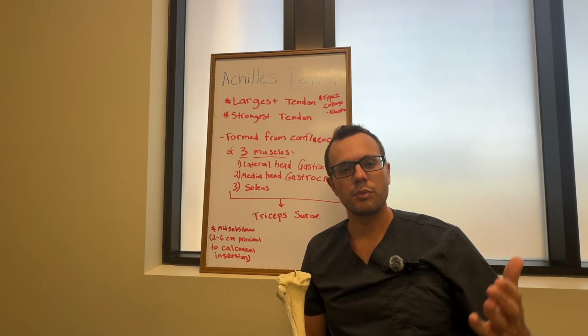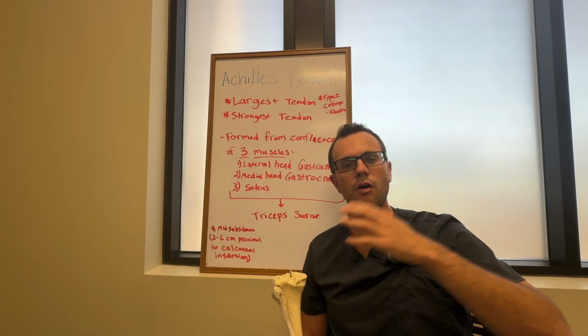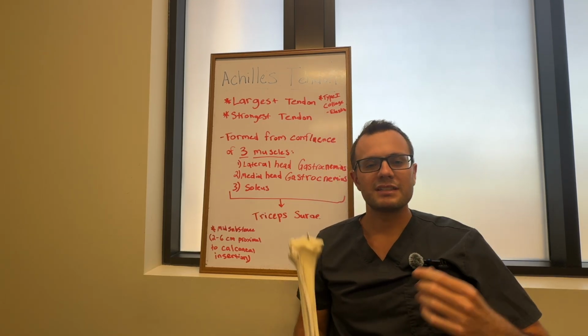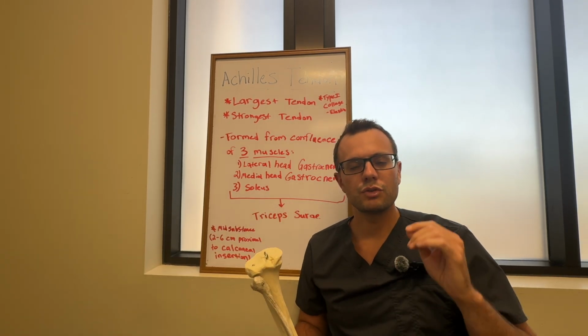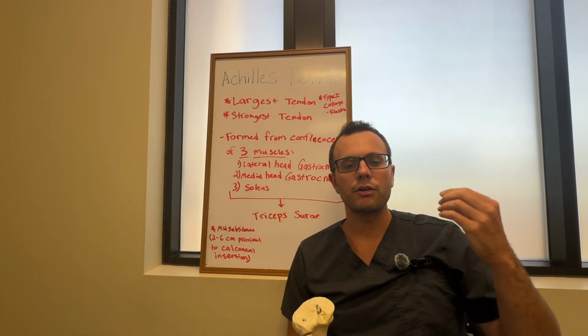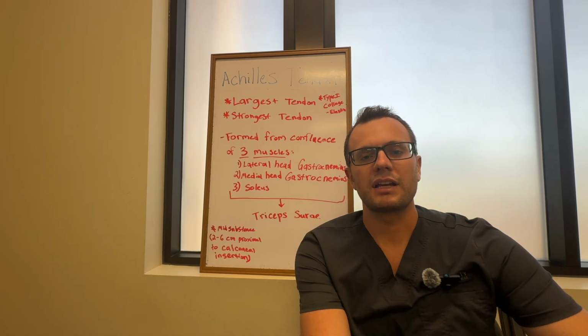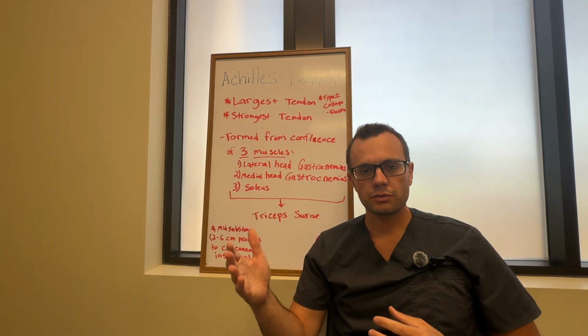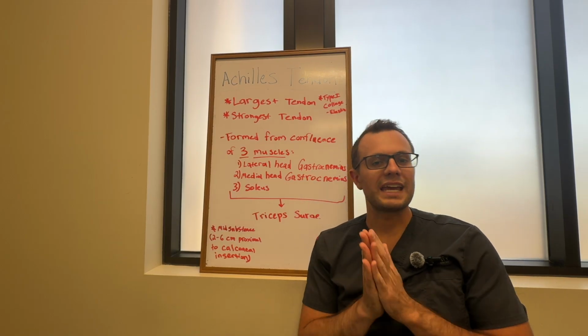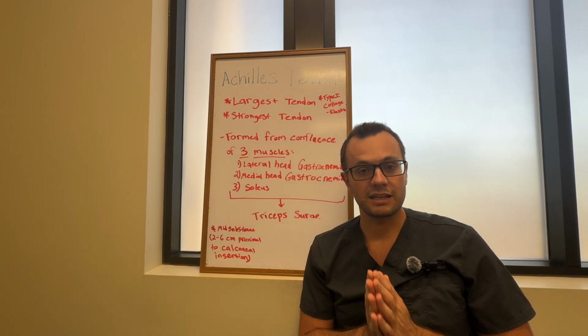And this is such an important concept, and it overlaps with all of the patients that we typically see, because ligaments and tendons and connective tissue don't normally get a lot of blood flow. And that's what makes them a lot harder to heal compared to something like a muscle. When you have a muscle strain, typically people improve a lot faster than if you tear a tendon or connective tissue.